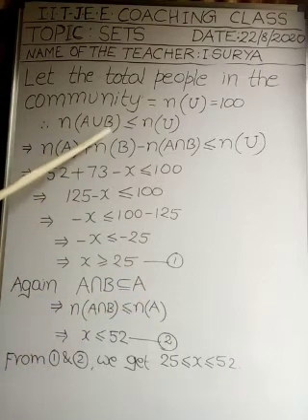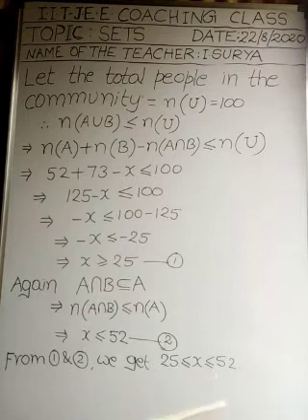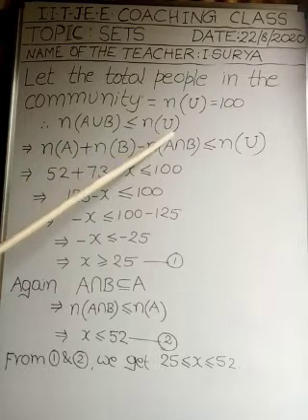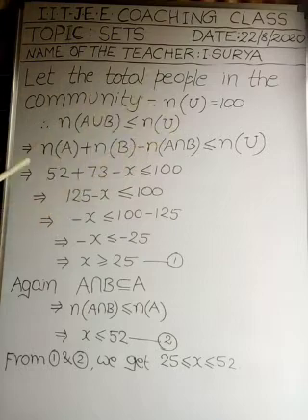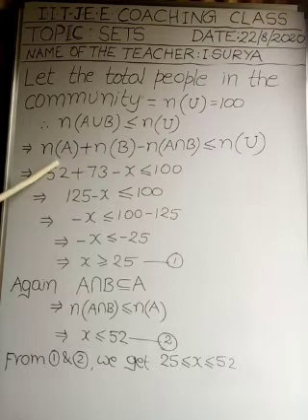Therefore, n of (A union B) is less than or equal to n of universal set. In any set, n of (A union B) is less than or equal to n of universal set. Okay, my dear children, understood this step? Right. This implies, we know the n of (A union B) formula. So in LHS, I wrote the n of (A union B) formula.